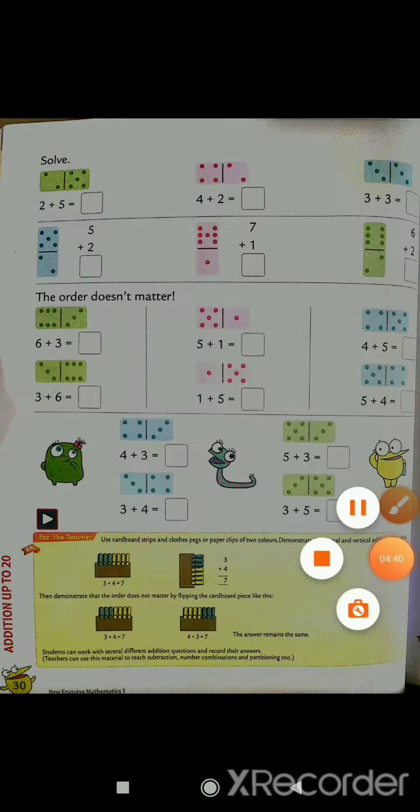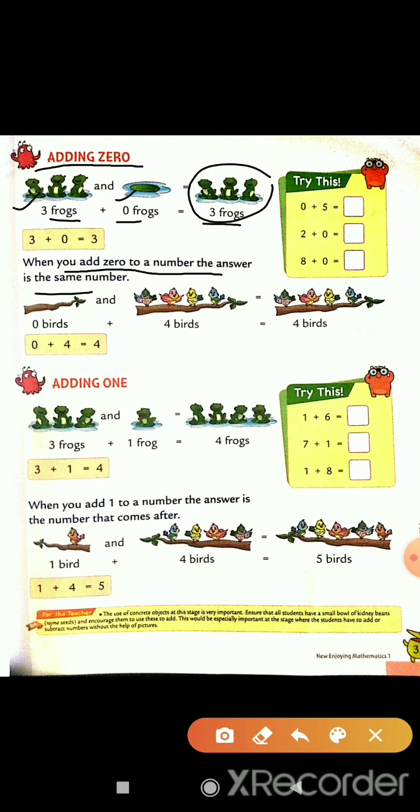Take an example here. 3 frogs are there and here no frogs. That is 0 frogs. So 1, 2 and 3. And here 0. So what will be the answer? 3 frogs. So 3 frogs plus 0 frogs is equal to 3 frogs. So 3 plus 0 is equal to 3 only.